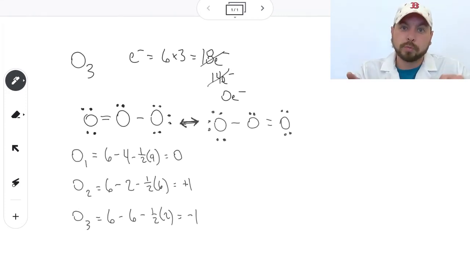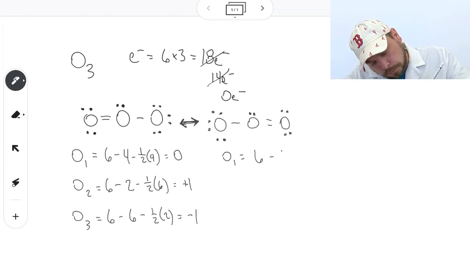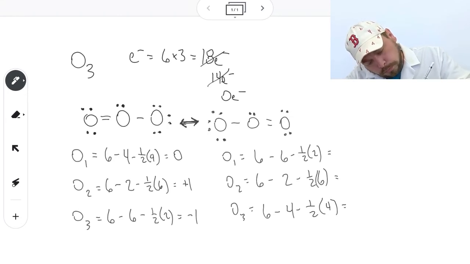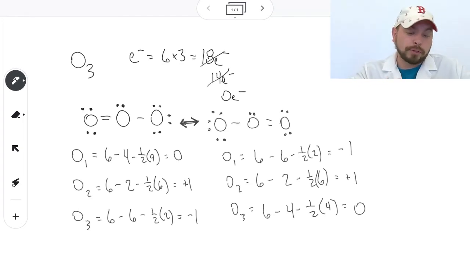Now, if we look at the compound on the right, in the way that it is arranged, you can see that the oxygen on the left has a formal charge of -1.